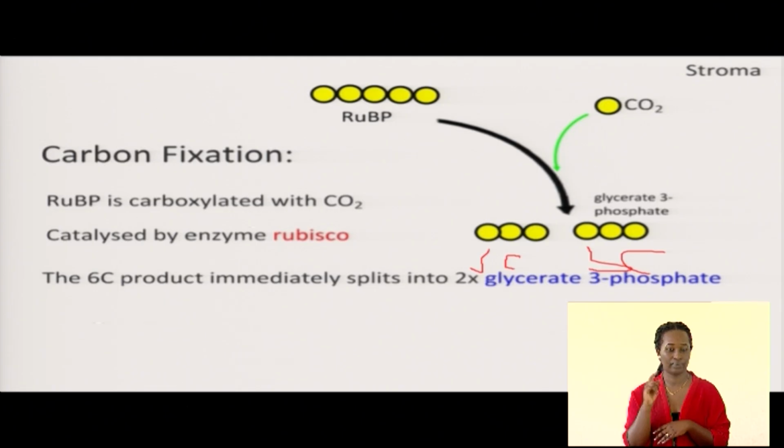That's the fixation. That is the acceptance. But what exactly happens here? Once these have been produced, they are unstable up here, produced as 6, which breaks down to give 2 3C compounds, now stable. We have a problem now.